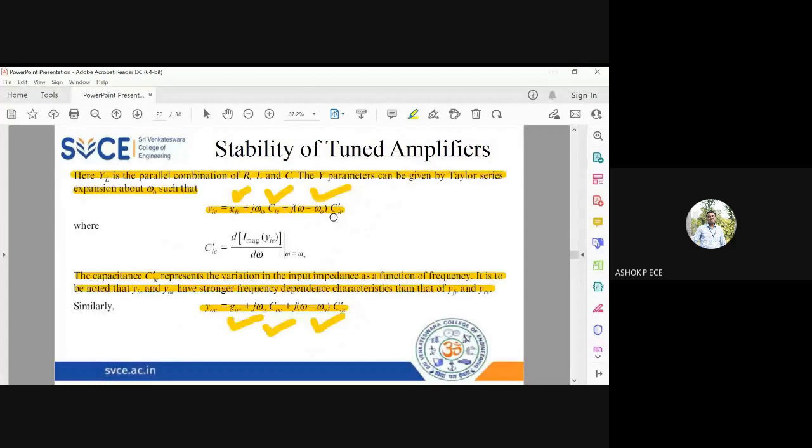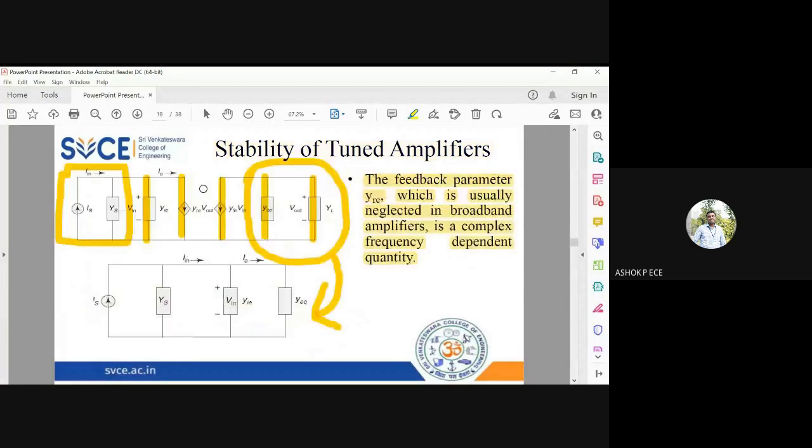Next, to find out V_out. In this circuit, you have one current source and two admittances in parallel. So V_out will be equal to the total current source divided by the total admittance. See, on the output side, I need to find V_out, and V_out is measured across Y_L, and on the output side I have a current source and two admittances in parallel.